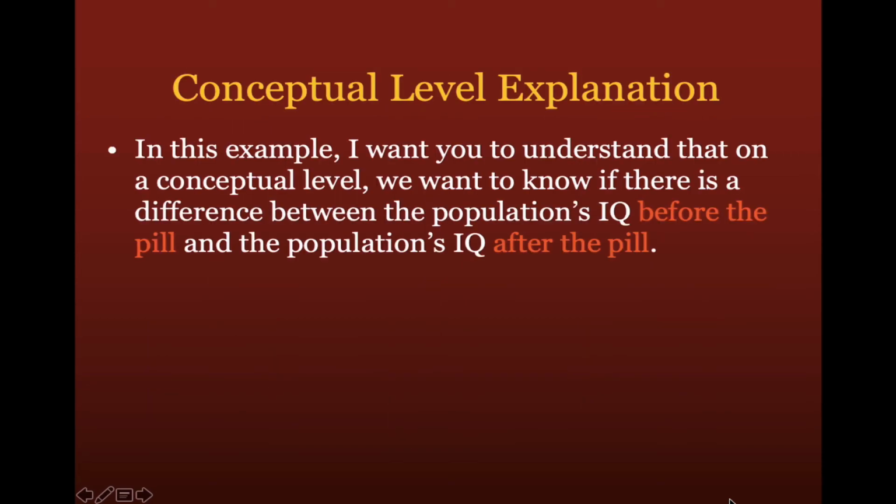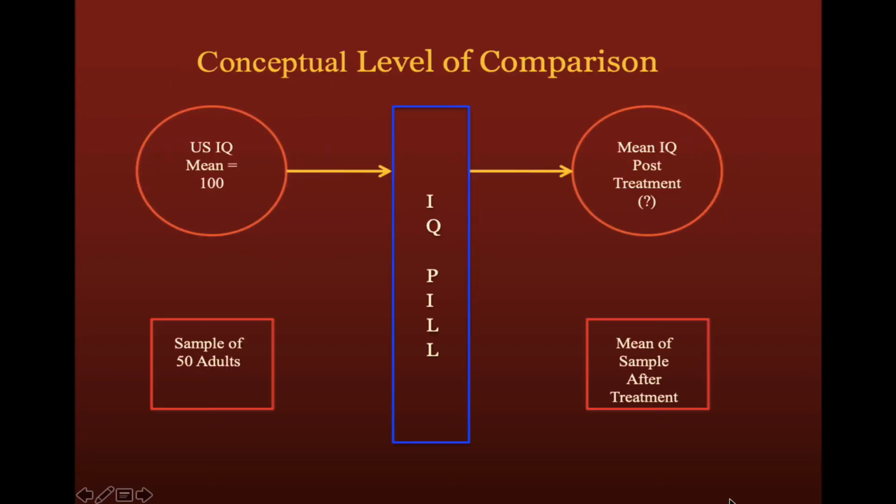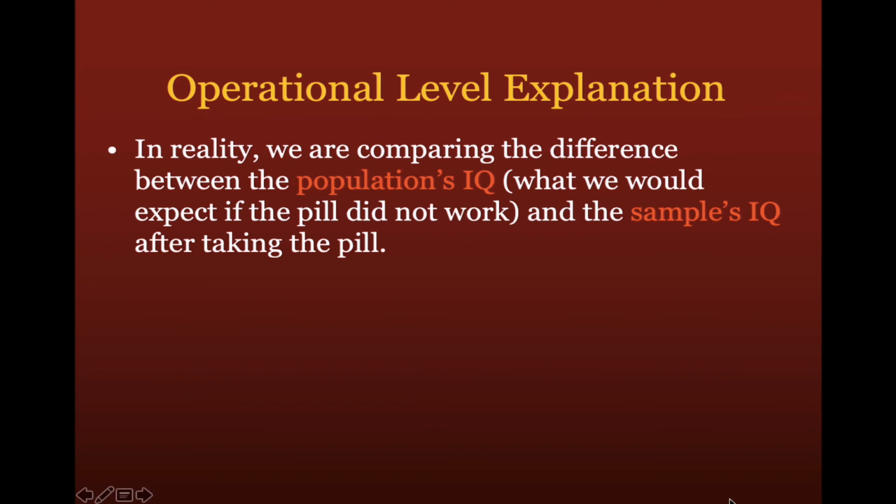So on a conceptual level, we want to understand if there's a difference between the population's IQ before the pill and after the pill. But in reality, we don't have the ability to do that. So what we're trying to do is see if our sample of 50 differs from the population, which we know to have a mean of 100.